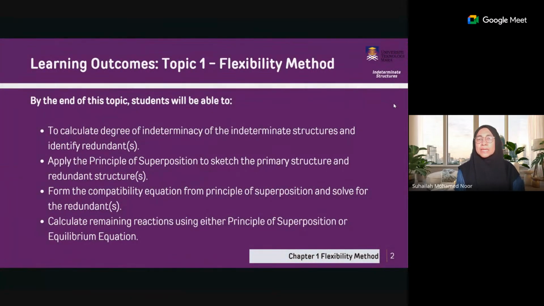So by solving the compatibility equation, we will get the redundant. Once we determine redundant, then only we can solve remaining reaction, and the 3 remaining reaction can be determined using equilibrium equation.